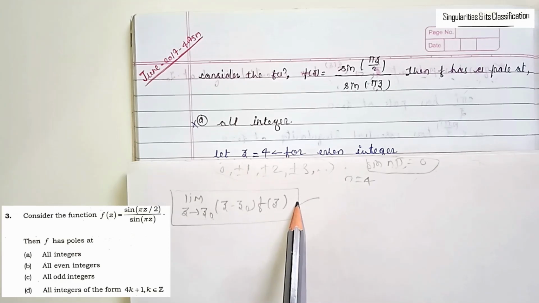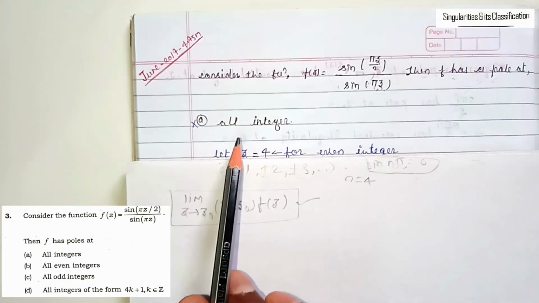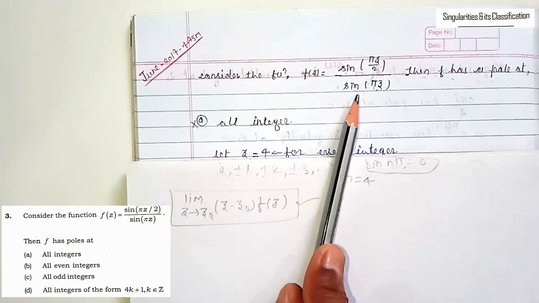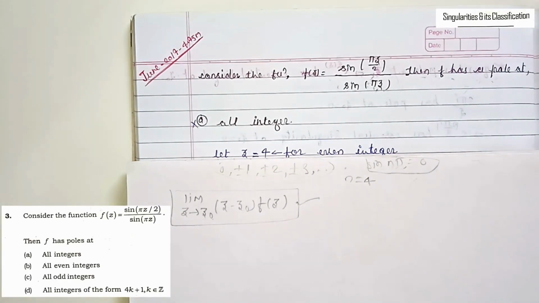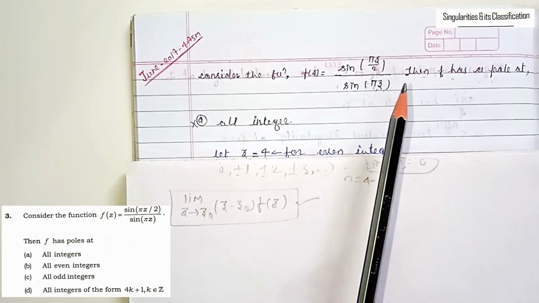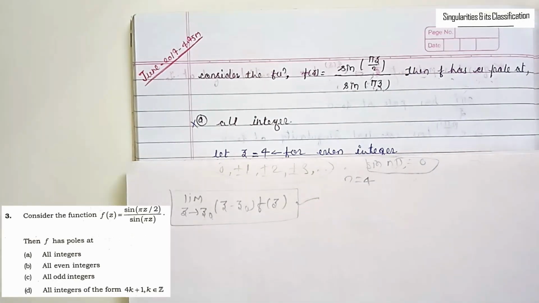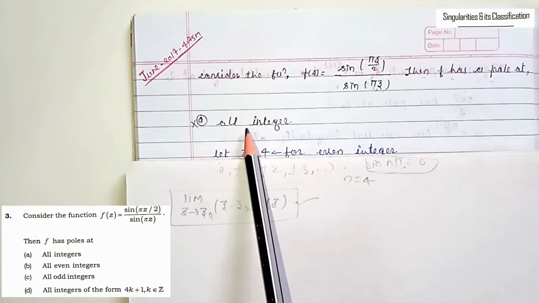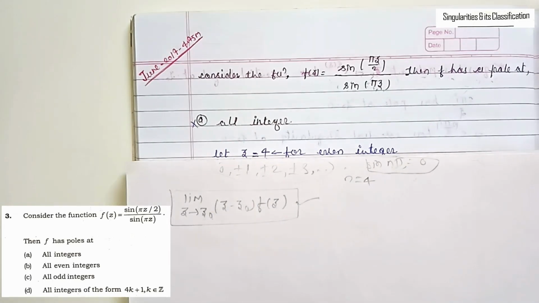Some integer values may give us a pole, but what else can we do? If I show that our function possesses a removable singularity, then it is easier to show that the first option is wrong.